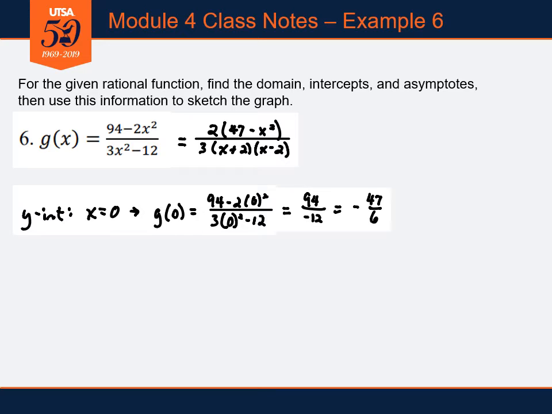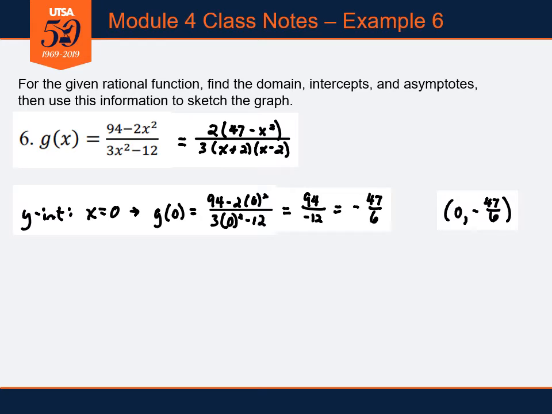You don't have to be scared of ugly numbers. They work just as well as pretty numbers, especially when you have a calculator to get a good approximation, like -47 over 6 is almost -8. So my y-intercept is (0, -47/6), almost -8, and that's going to help us with the graph of the function.